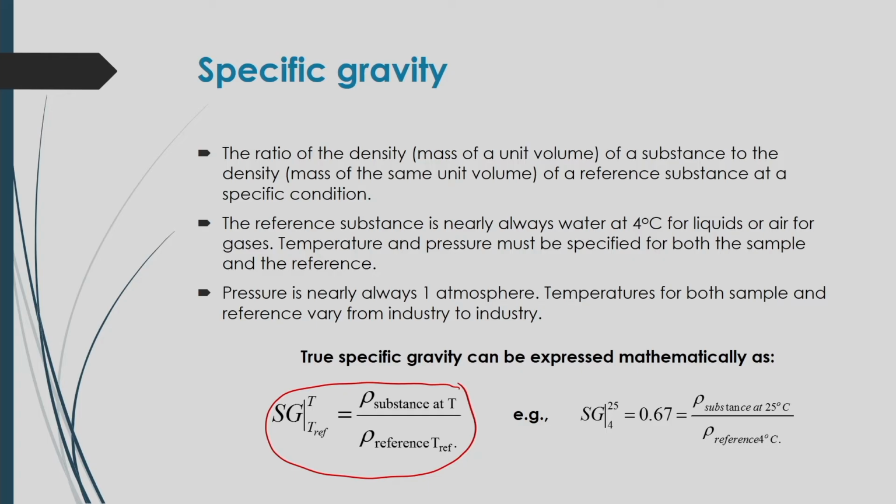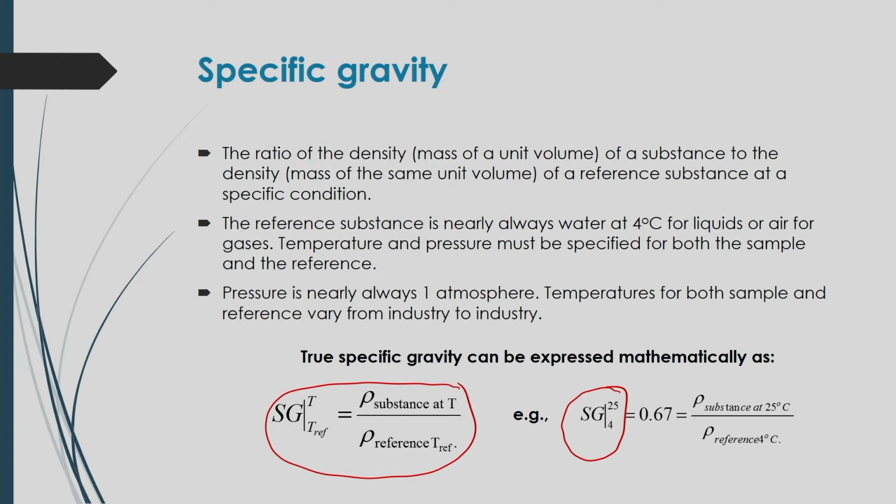So, suppose specific gravity at 25/4 is equal to 0.67. What does it mean? This specific gravity is nothing but the density of the substance at 25 degree centigrade relative to the reference density at 4 degree centigrade.